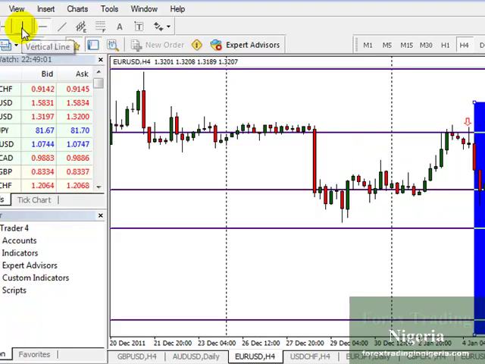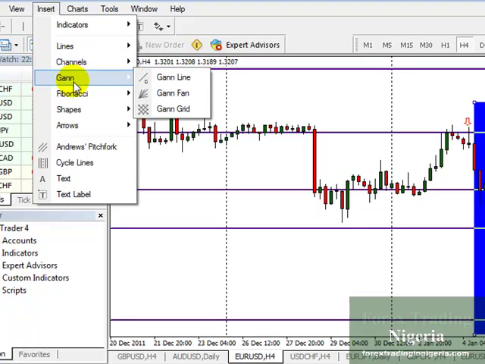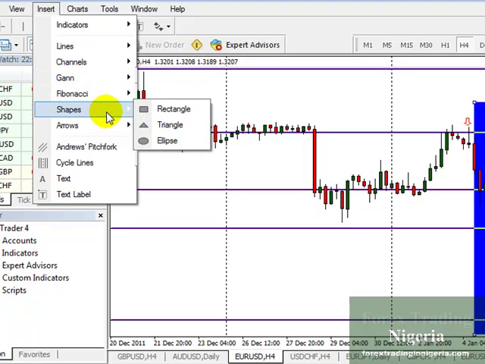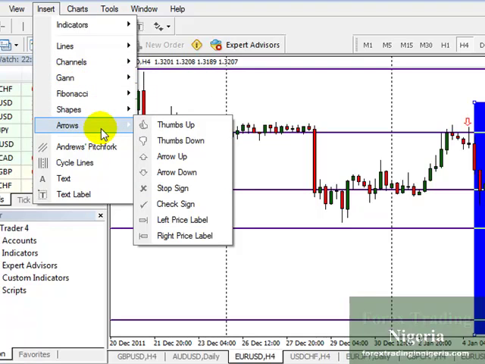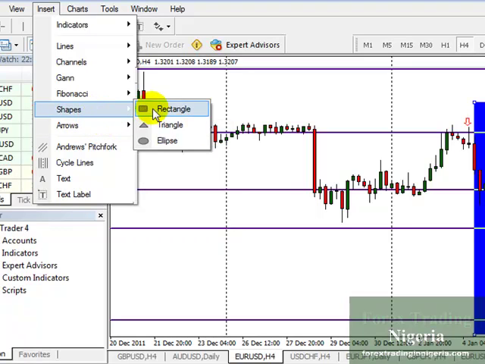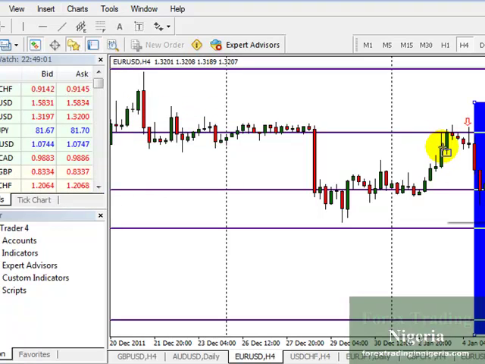Let me pick another arrow to confirm this. Let me use shape to make it understandable. Look at this pin bar.